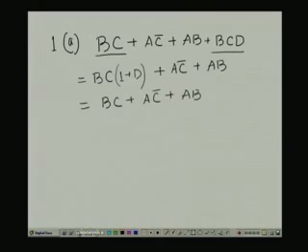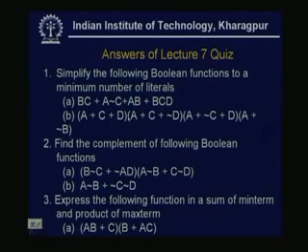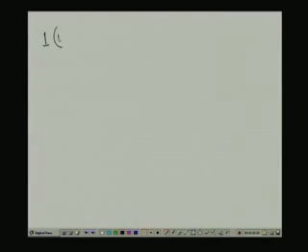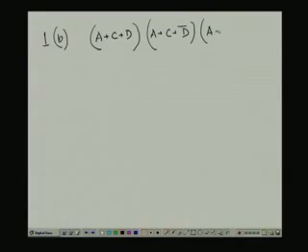Now we see the second one. The second question was: A plus C plus D, A plus C plus D bar, A plus C bar plus D and A plus B bar. We have to simplify this expression.